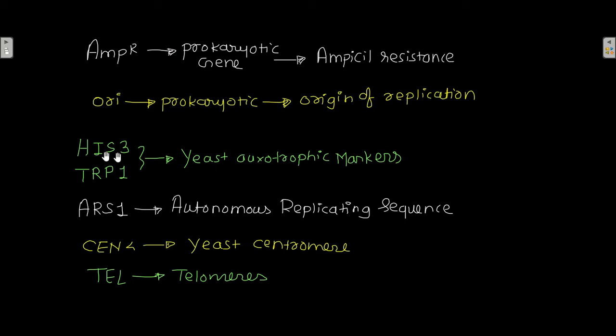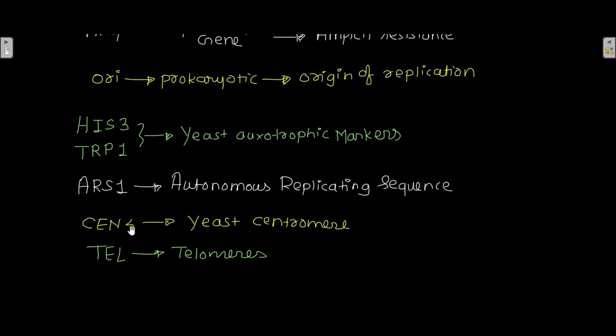Then there is this ARS1, which is the autonomously replicating sequence. Then there is this CEN4, which is the yeast centromere, and TEL represents the telomere. So that is how your yeast artificial chromosome exists with all these components.